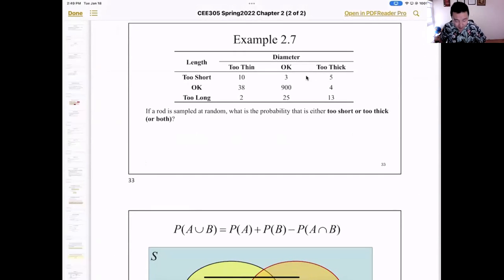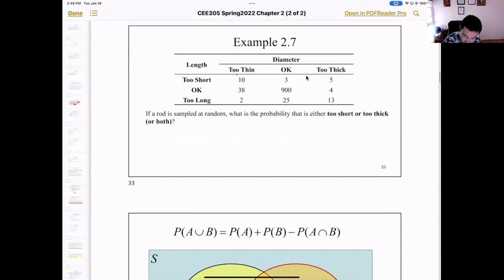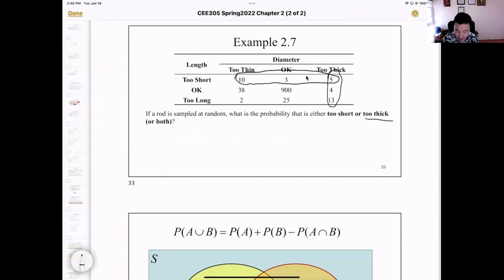All right, so either too short or too thick or both. Too short is these 3, and too thick is these 3, and we can see 5 is the intersection.